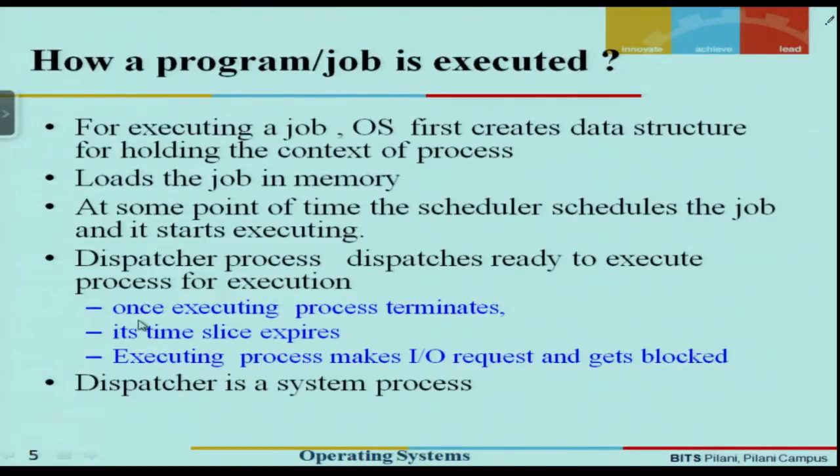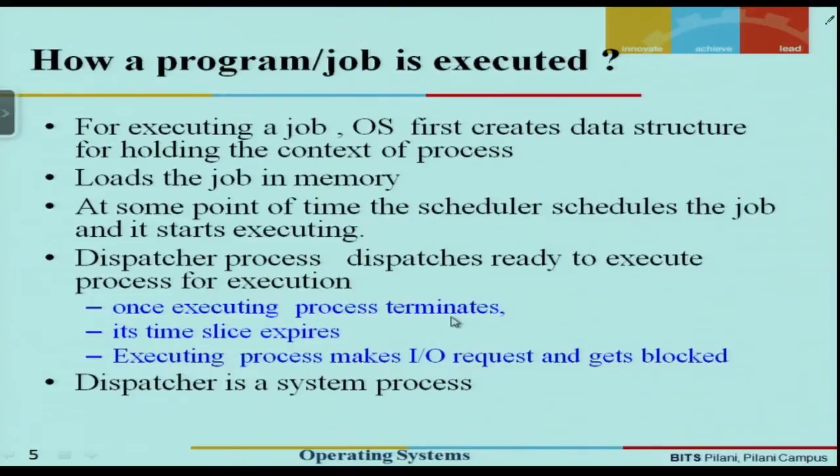One of the instances is when the currently executing process terminates, that is, it finishes its execution, so a new process is required to execute. The operating system would always try to keep the CPU busy.